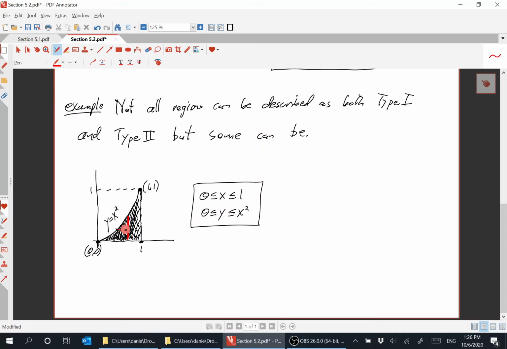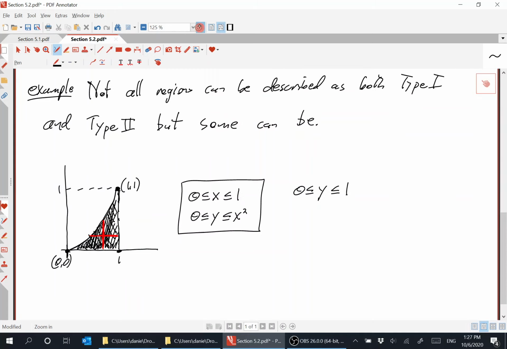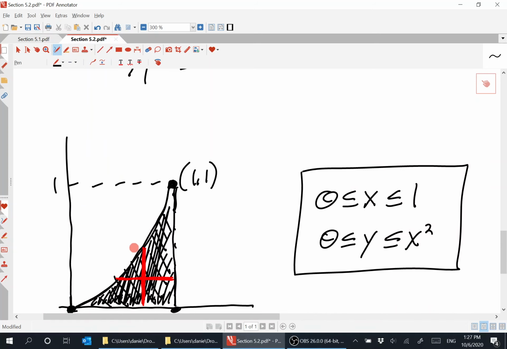And then for the other variable, the other way around, y is between 0 and 1: 0 is less than or equal to y, less than or equal to 1. This is y equals x squared, but it's also x equal to square root of y.